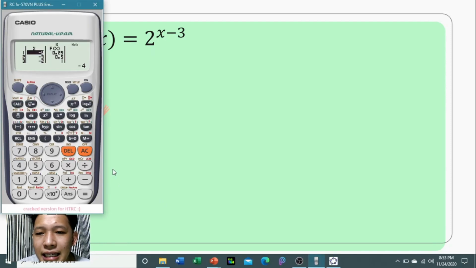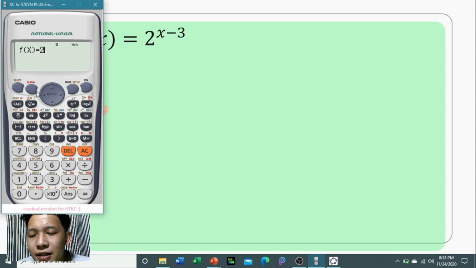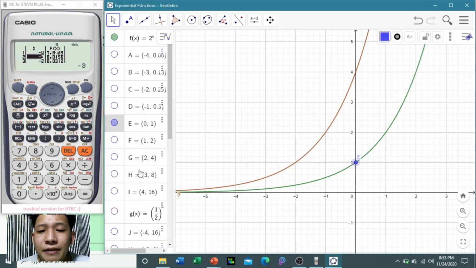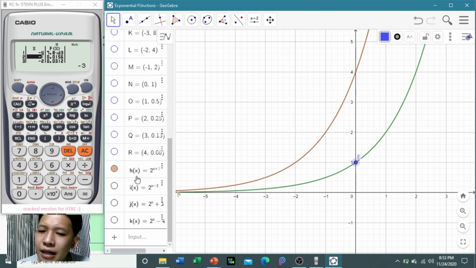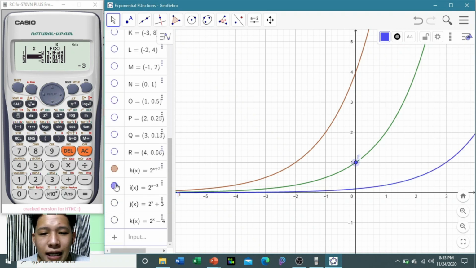Using our calculator, okay, so we have f of x equals to 2 raised to x minus 3. So, same pa rin po. This would be our table of values for our function. And if we're going to graph that using our graphing tool, so ito po siya.